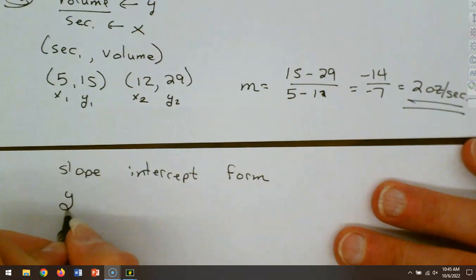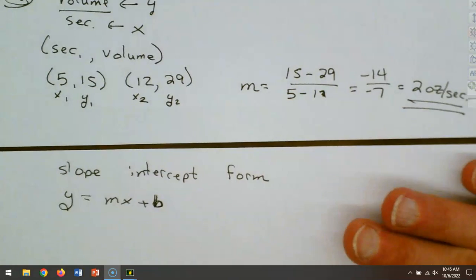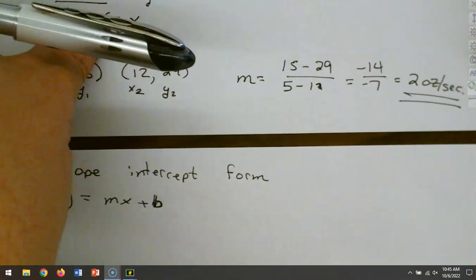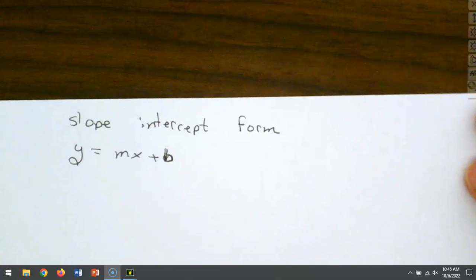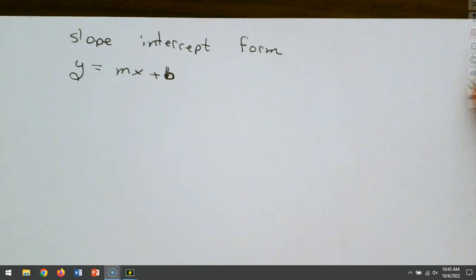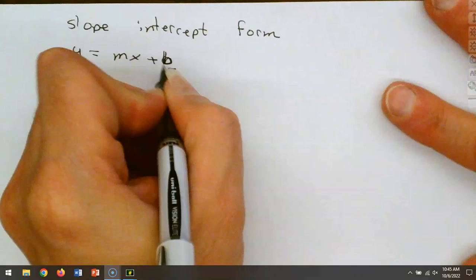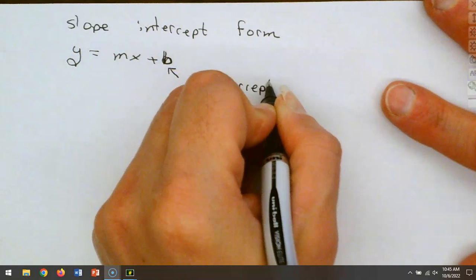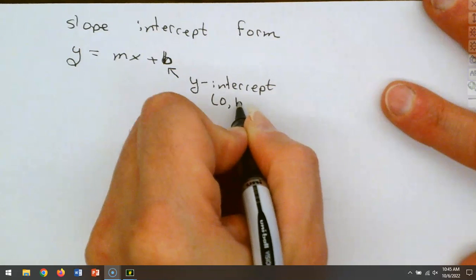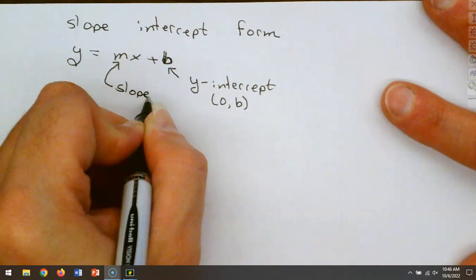The slope-intercept form is y equals mx plus b. Right, remember that? Your y-intercept is 0, comma b. And the m, well, that represents the slope.